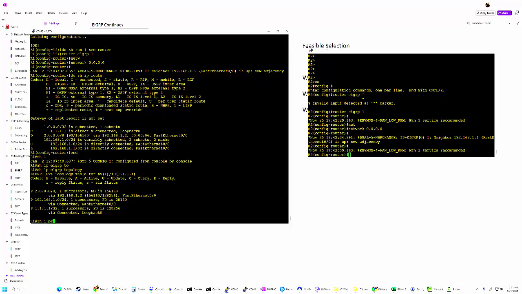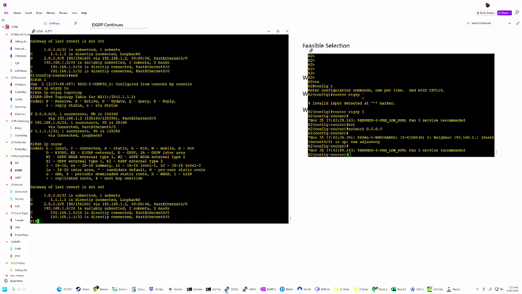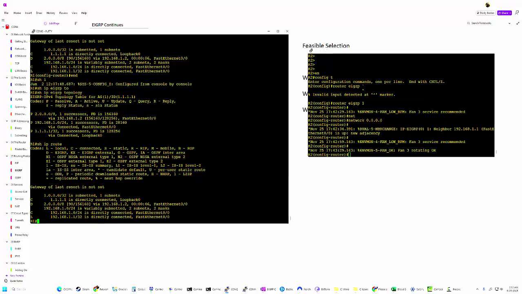So, show IP route. Okay, so this is the metric, 156,160. The feasible distance is 28,160. Now let's take a look at router 1, router 2, because router 1, and I can't believe this is not described in the book.